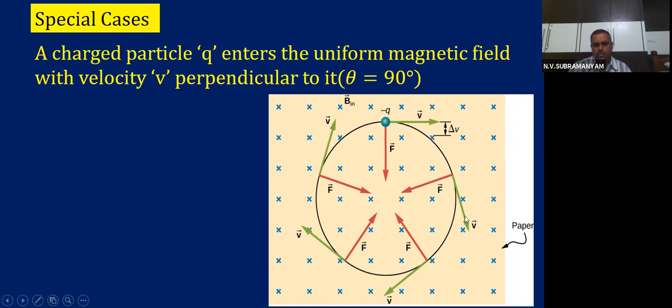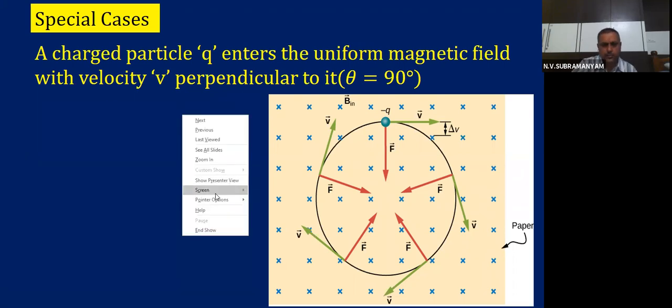These crosses show that the magnetic field is going inside the paper. And the charged particle moves such that the velocity is perpendicular to the magnetic field. When velocity and magnetic field are perpendicular, what happens? Let us discuss. So let us say Q is the charge of the particle and the magnetic field is inside.